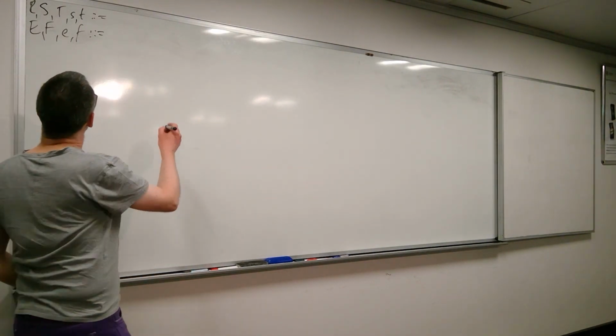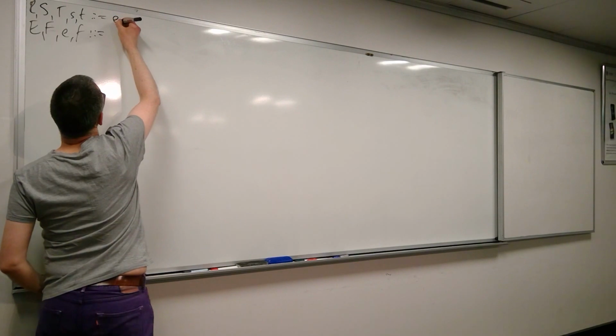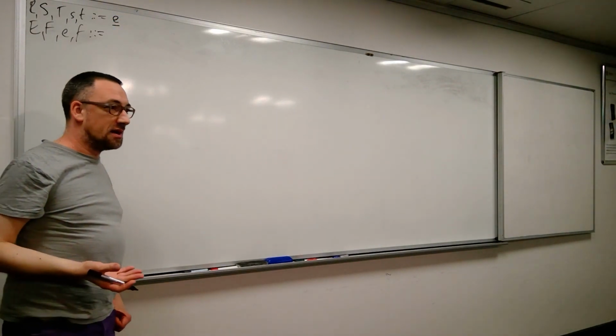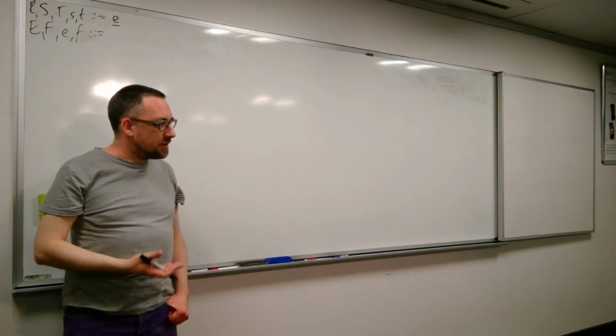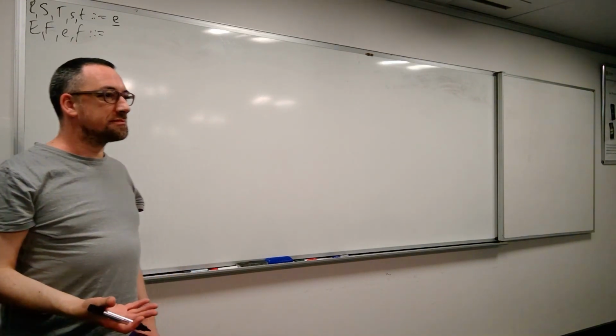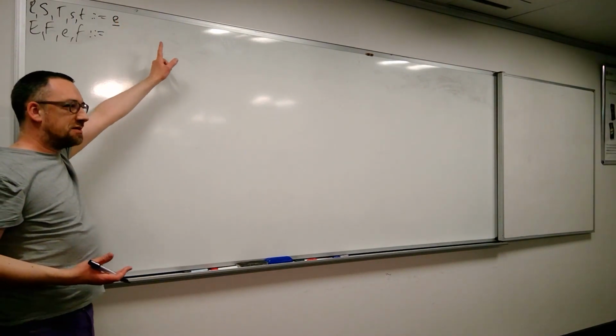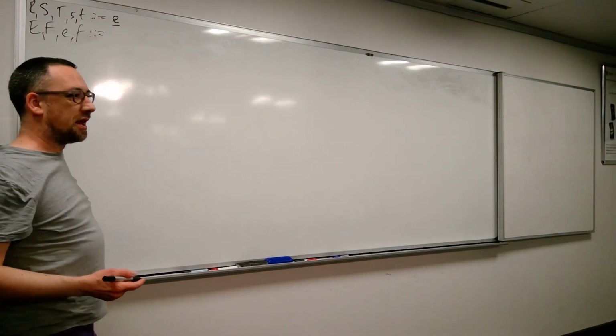So in particular, the eliminations embed in the terms. If we can actually synthesize a type, we can surely check one. And on a whiteboard, but not on a computer, I mark the embedding with an underline.